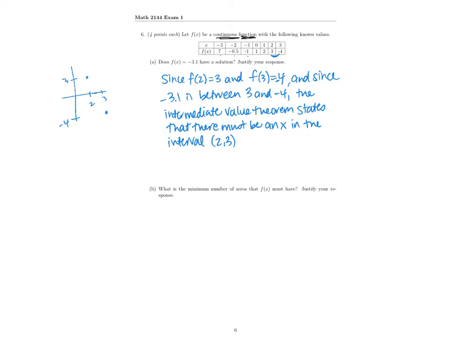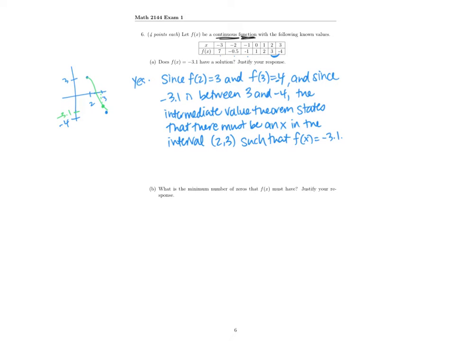So somewhere in between 2 and 3, I'm going to hit this y value negative 3.1, because I know my function is continuous, such that f of that x value is equal to negative 3.1. So the short answer is yes, it has a solution.